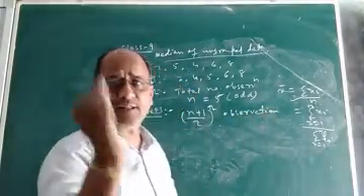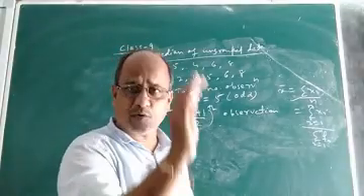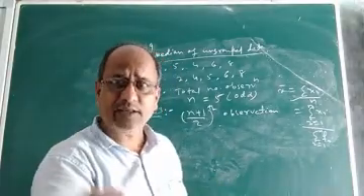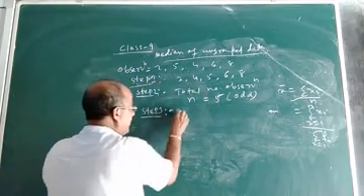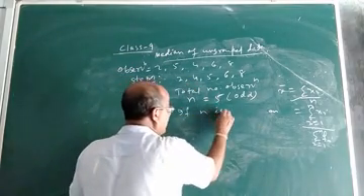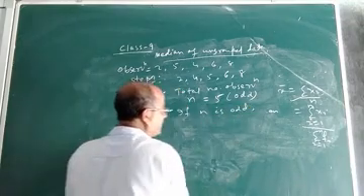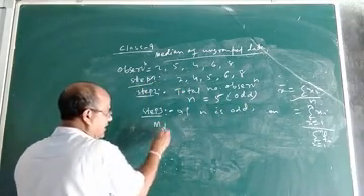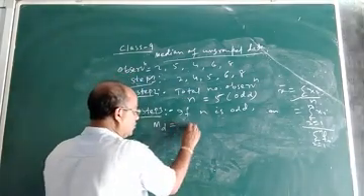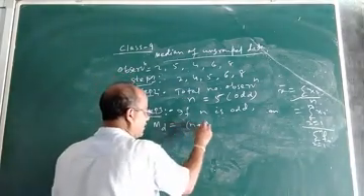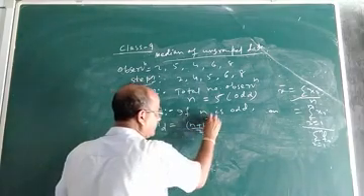After finding the total number of observations n, if it is odd, then the median, denoted by the symbol MD, will be equal to (n plus 1) by 2th observation.